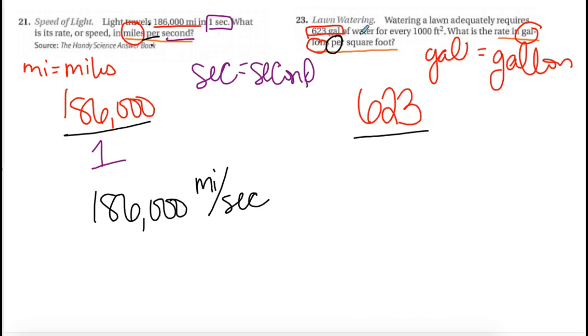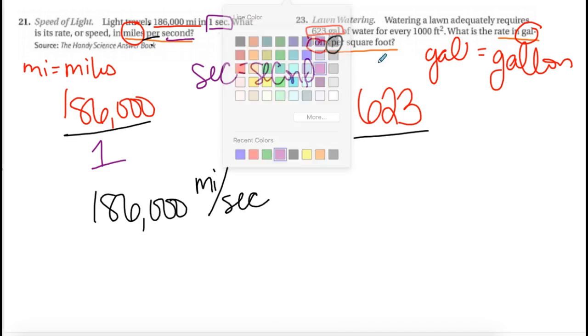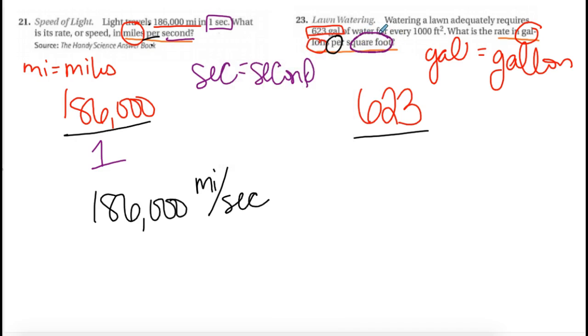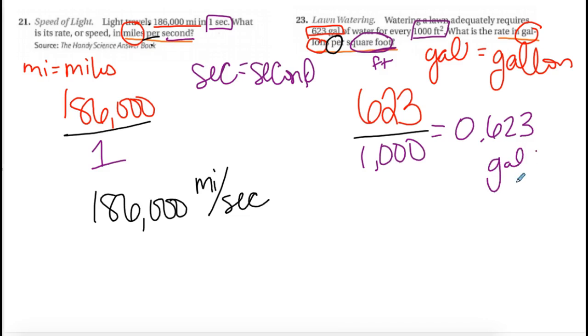That's our division sign. And now when I look at what I'm trying to find, I'm looking for square foot. Foot is FT. This is square foot. I'm going to put that number down below. 623 divided by 1,000, and that is actually 0.623. That would be gallons per square foot.